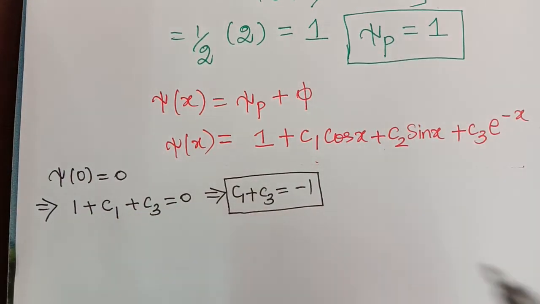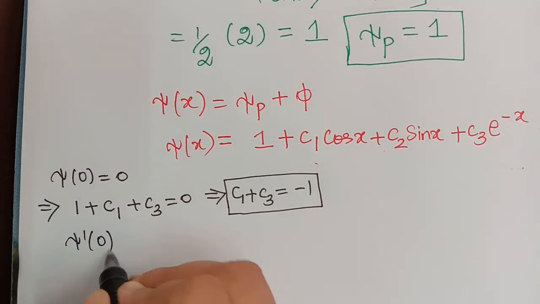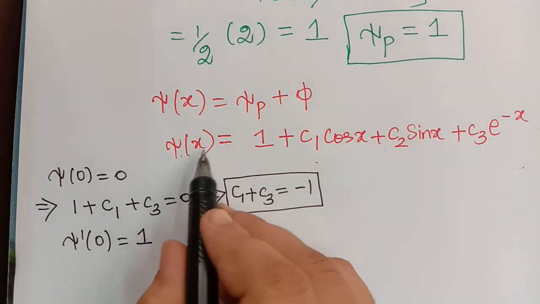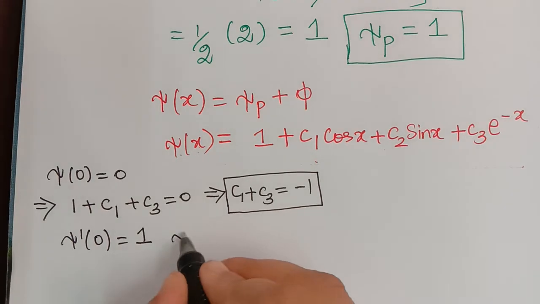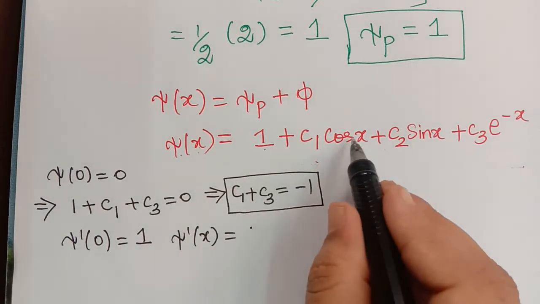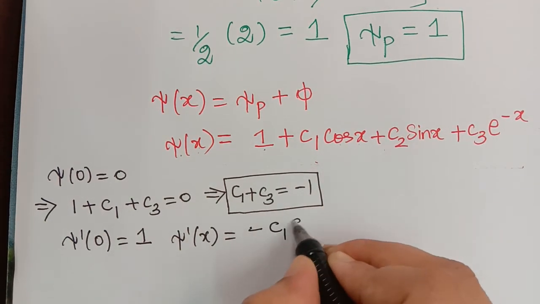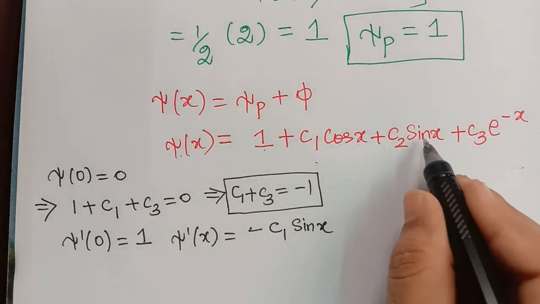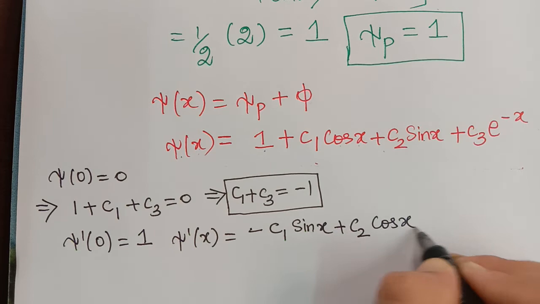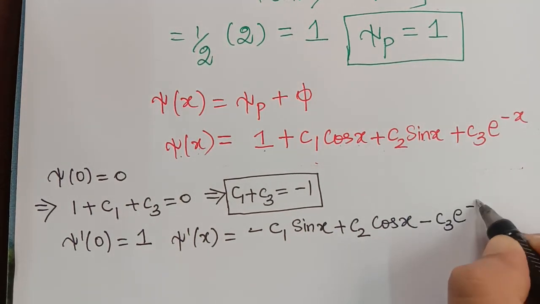The second condition given is xi dash of 0 is equal to 1. Now xi dash of x will be equal to, 1 becomes 0, and the differentiation of cos x is minus sin x, so minus c1 sin x, and the differentiation of sin x is cos x, so plus c2 cos x, and the differentiation of e power minus x is minus e power minus x.